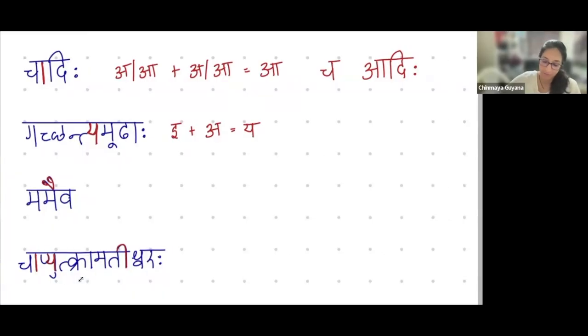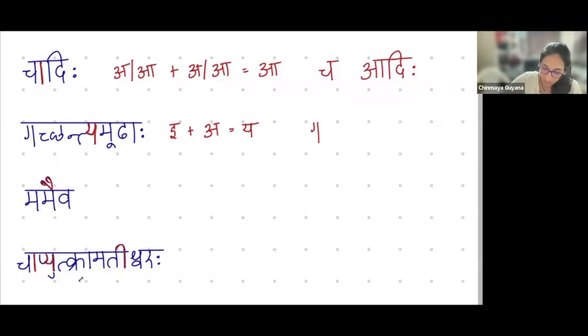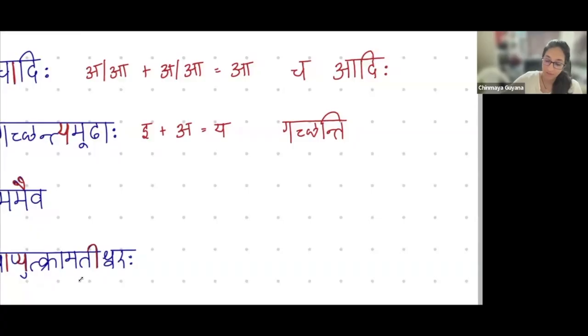So then the breakdown will be gacchanti, which everyone should recognize. Anti, it's a verb, right? Gacchanti. And the next word is amurhaha. Because there's no a there, it has to be amurhaha. Gacchanti amurhaha. Who was able to figure that one out? Oh, very cool. Okay, good.